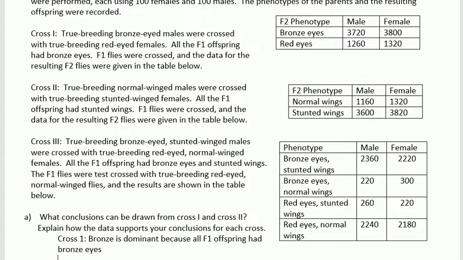So cross 2, what can we determine? Looking at cross 2, we can determine that this is an autosomal trait because there is an even number of males to females in each area. It's very much a 1-to-1 ratio.